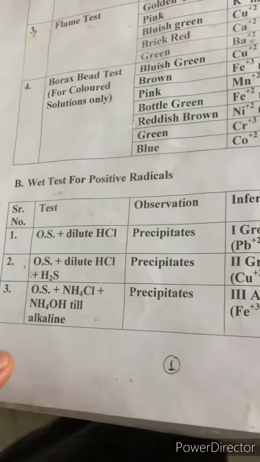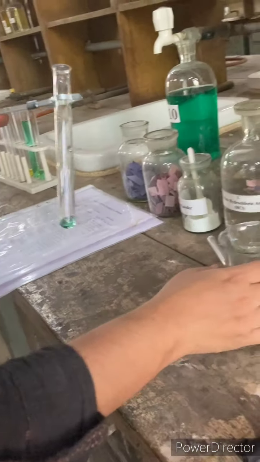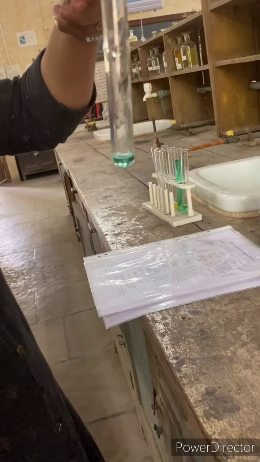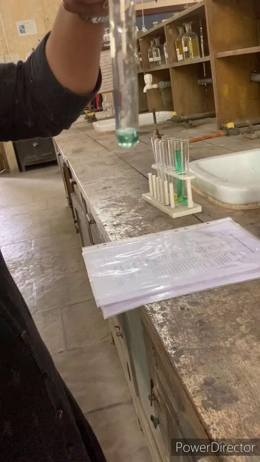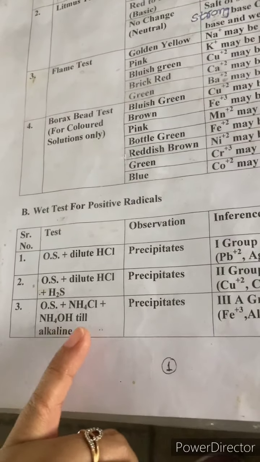So now we will again go for the test of third A group. We will take NH4Cl. It is said here that you have to drop NH4OH till it is alkaline.